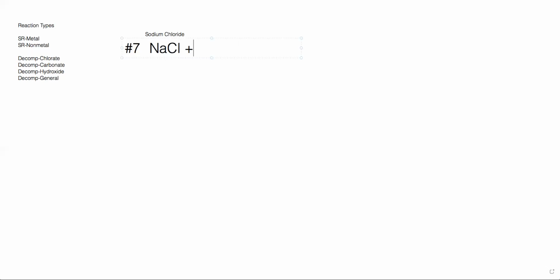For it to be a single replacement, we need at least two different reactants, because there's some switching involved. Because we only have one single reactant, it's going to have to be decomposition. But what kind of decomposition?